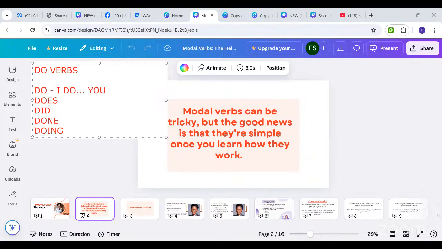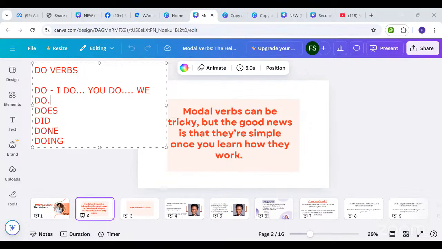Second person. We do. First person plural. They do. Third person plural.